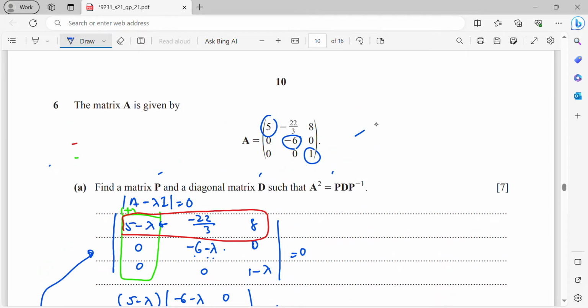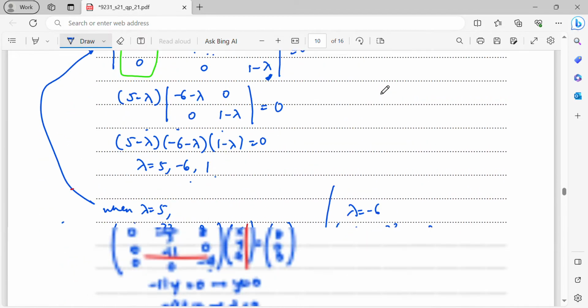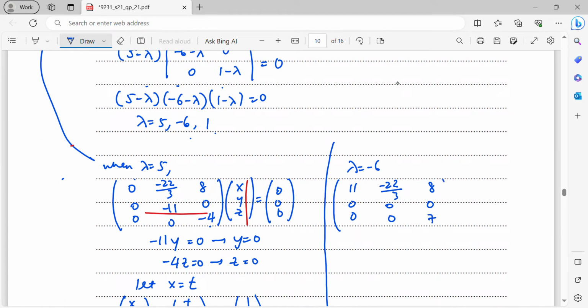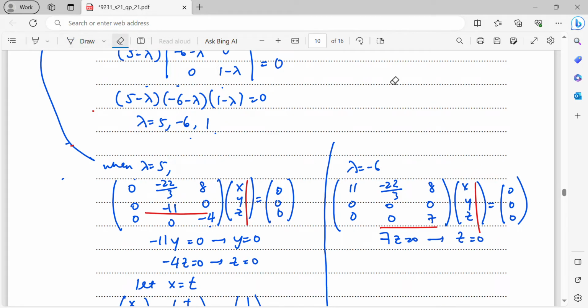Lastly, when the lambda here is minus 6, 1 minus minus 6, you get 7. Now, for the last row, when I do the expansion, the multiplication, you will get 7z equals 0. That means your z is 0. The second row here, you get all 0.